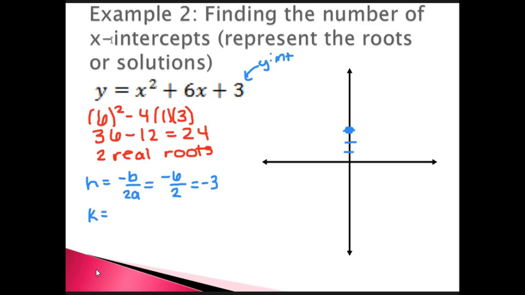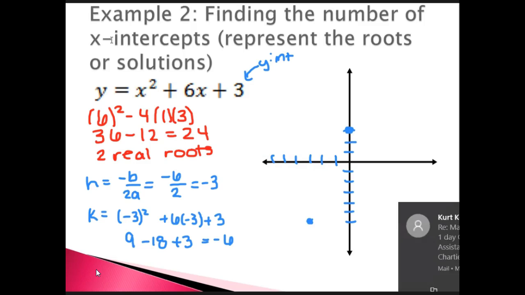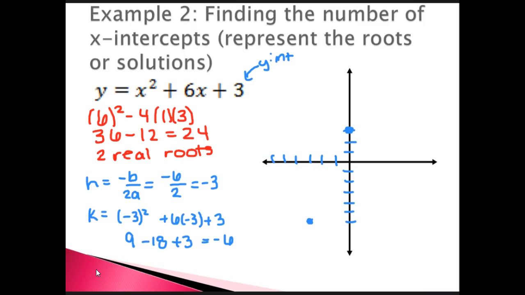And to find k, you plug negative 3 back in. So this graph contains the point negative 3, positive 6, and negative 6, positive 3.